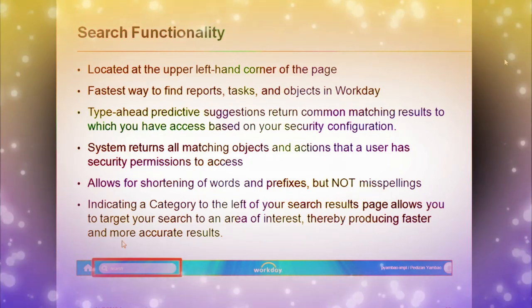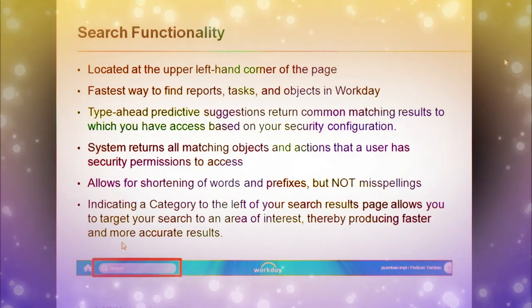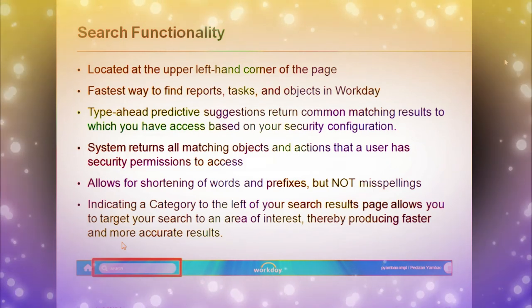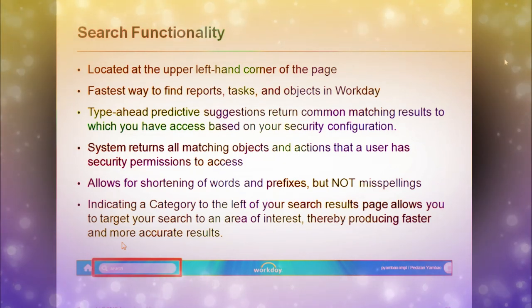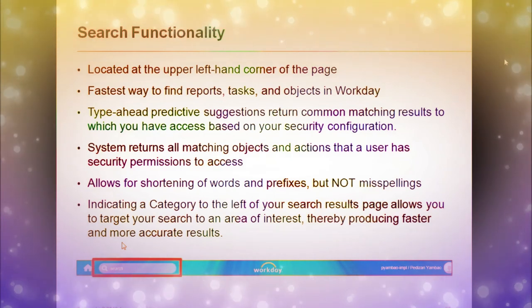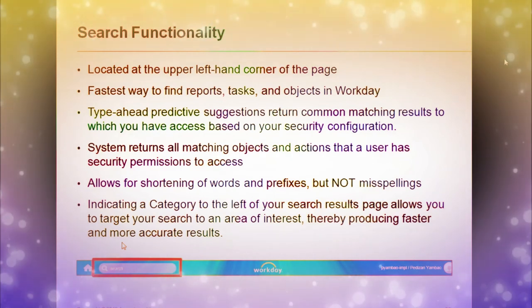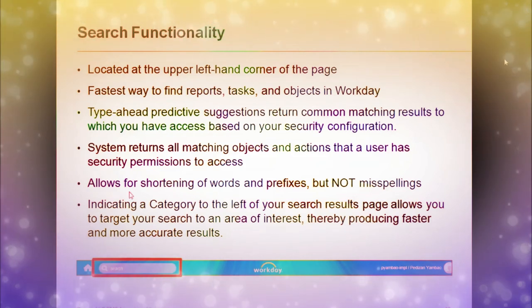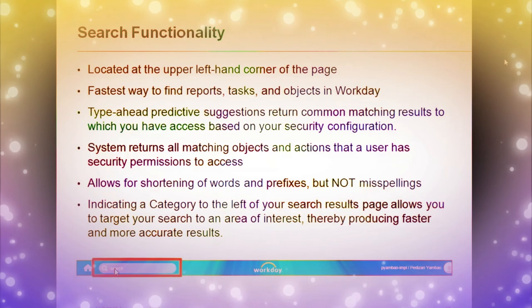But indicating a category to the left of your search results page allows you to target your search to an area of interest, thereby giving more accurate results. Now we go to the search box and type something. I take the same example of compensation.